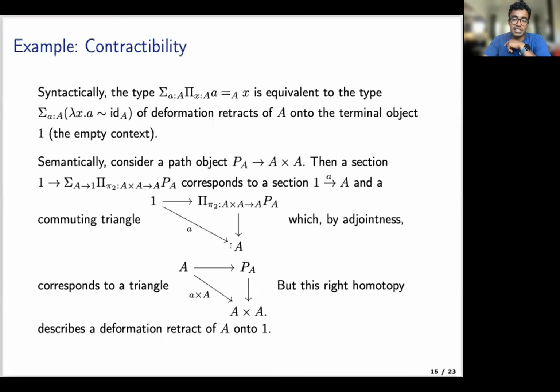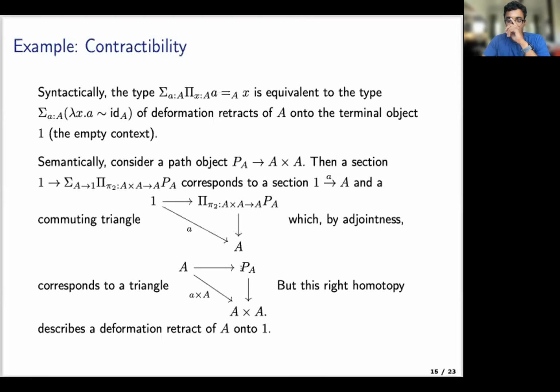But it doesn't just give me a section of A, it gives me a map into this thing that lives over A. But by adjointness, this is the same thing as a triangle like so. And this is exactly a right homotopy between the constant map on A and the identity map on the object A.